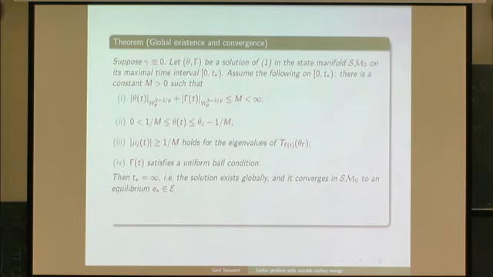So if you have a uniform bulk condition, then it cannot bump into the outer boundary, cannot bump into itself, and it cannot shrink to a point. In this case, I guarantee you that the solution exists globally, and it will even converge to an equilibrium.